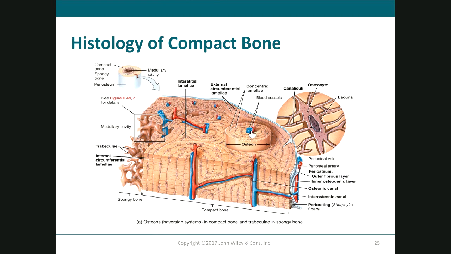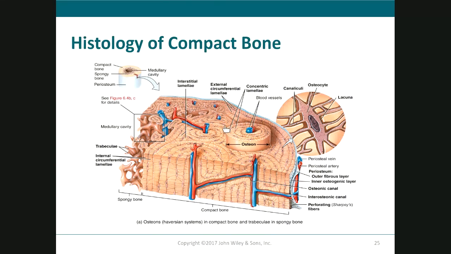If you look at this image, you can see these plates of matrix called concentric laminae, and the concentric laminae surround the osteon, and in the center of them is the central canal.